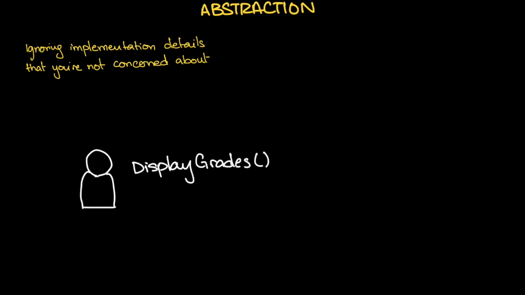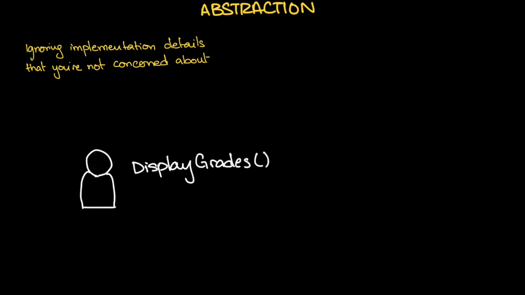Now that he has written the code and hidden it away inside a function, we don't need to worry about how he wrote that code, because once we start worrying about how he implemented all those procedures, all those ways to calculate and display grades and whatnot, then we're basically undoing whatever he's done. To benefit from his abstracting away all these details, we need to just take this function and use it.